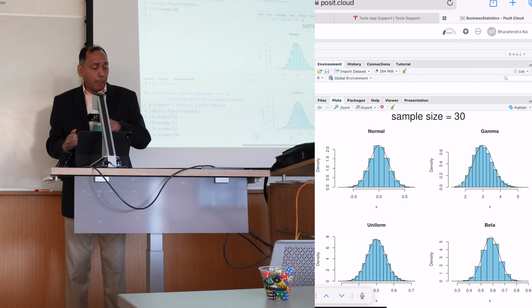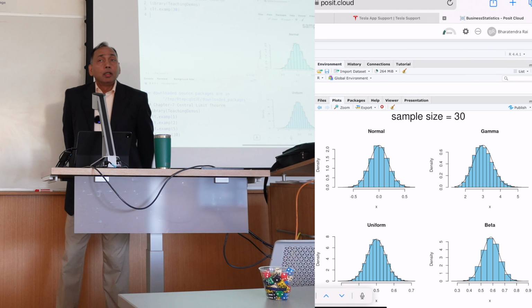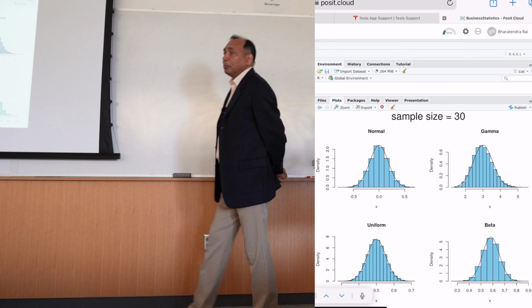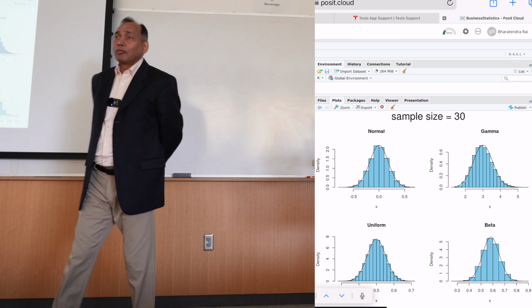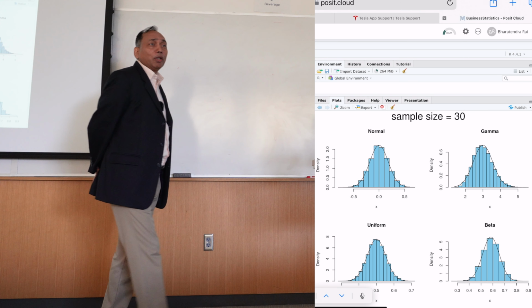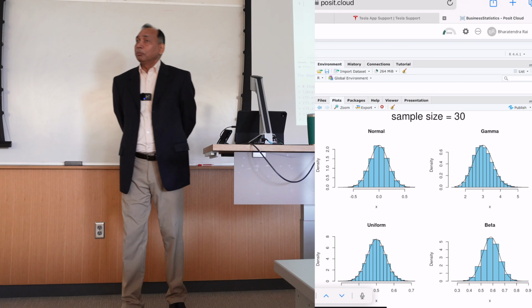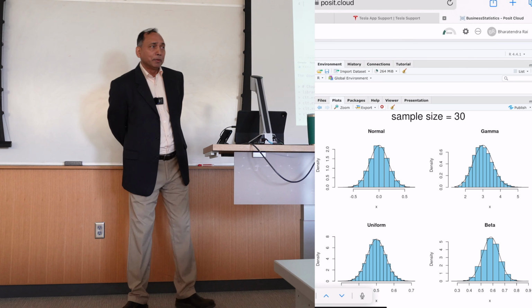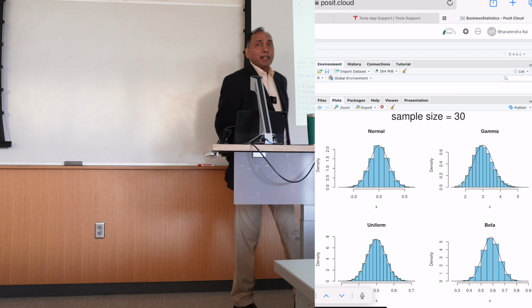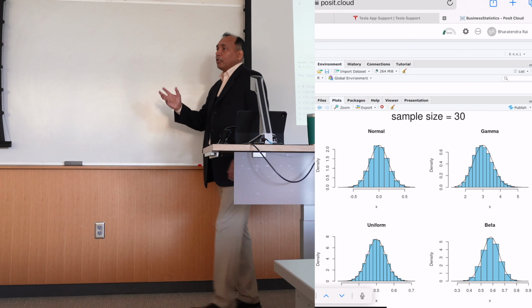Just like the Pythagoras theorem in mathematics is very important if you are studying geometry, in statistics, the central limit theorem is the most important theorem, and it basically highlights the importance of the normal distribution.